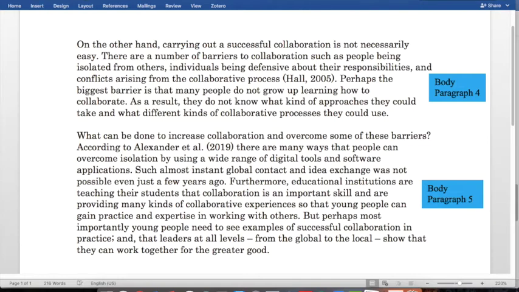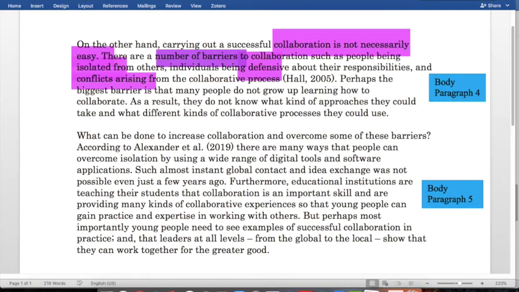If you look at body paragraph 4, you can see it's basically a set of problems, such as collaboration is not easy, there are a number of barriers, people are isolated, individuals are defensive, conflicts arise, the biggest barrier is many people do not grow up learning how to collaborate. So the whole paragraph of number 4 is a list of problems.